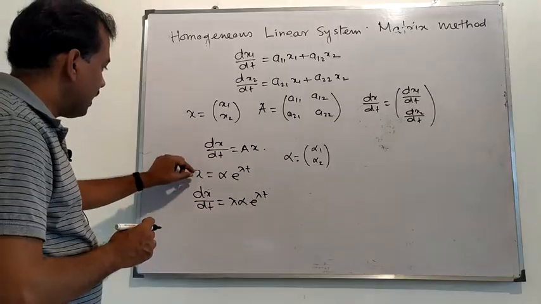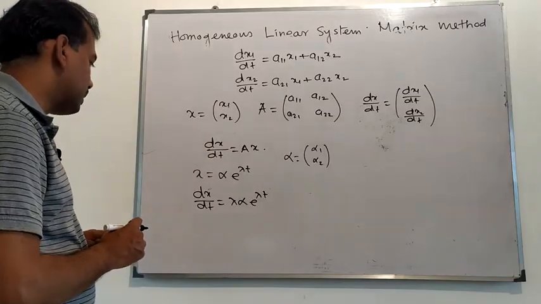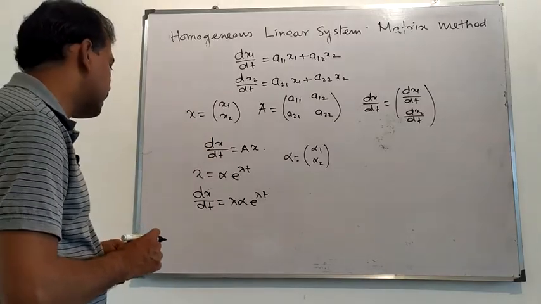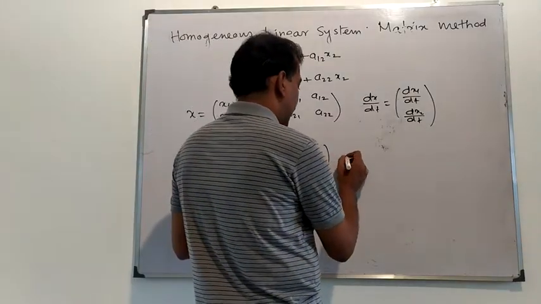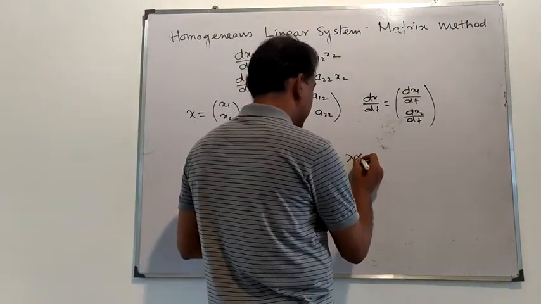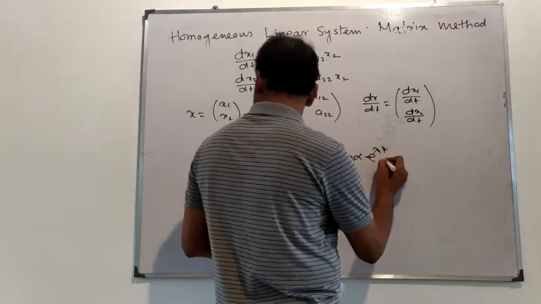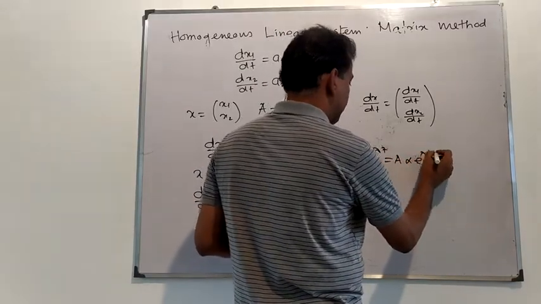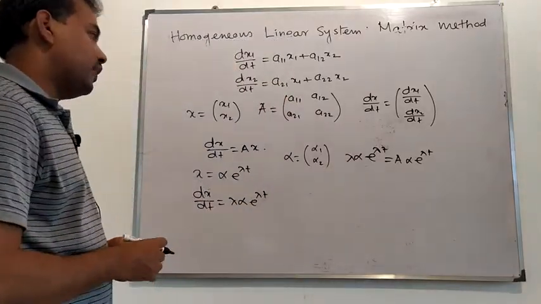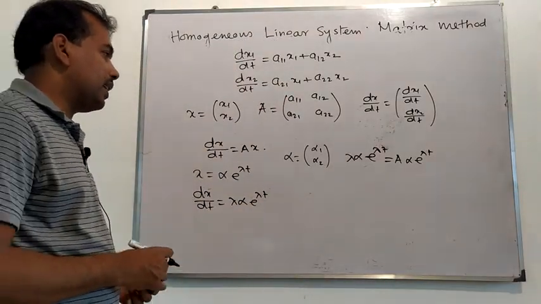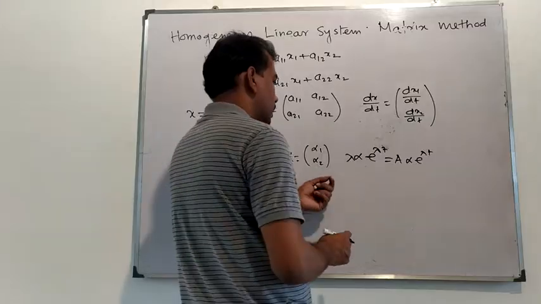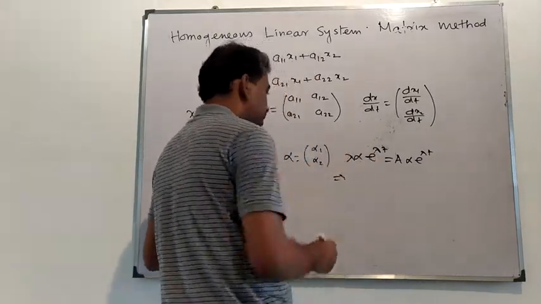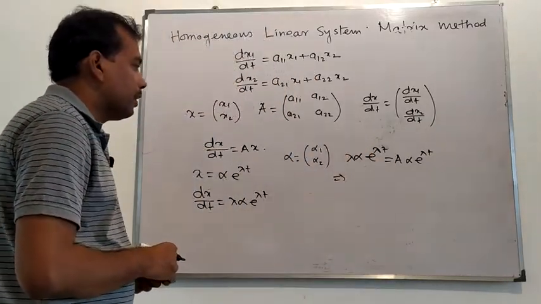Since we consider x a solution of this equation, x must satisfy this equation. So lambda alpha e to the power lambda t is equal to A alpha e to the power lambda t. The exponential function is always greater than 0, so it is always not equal to 0.